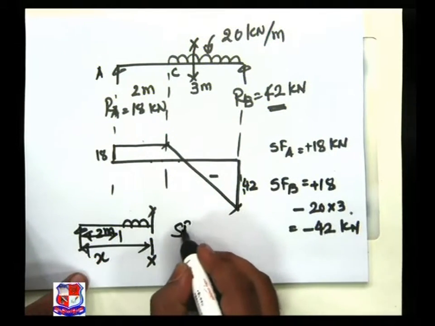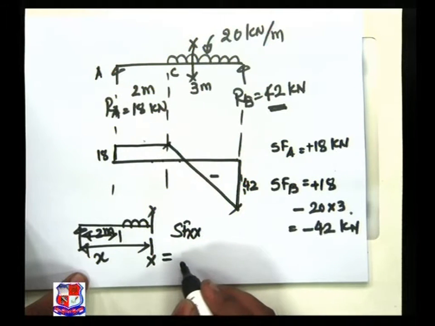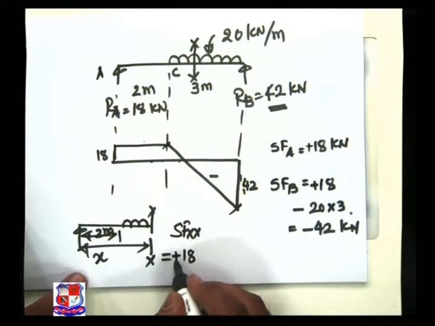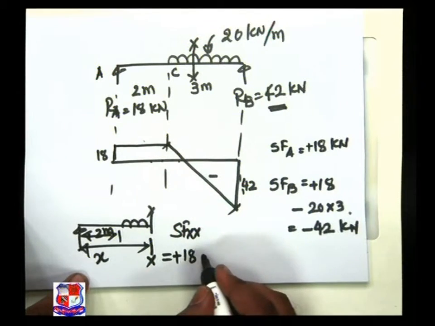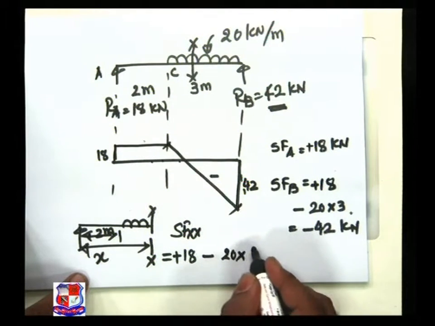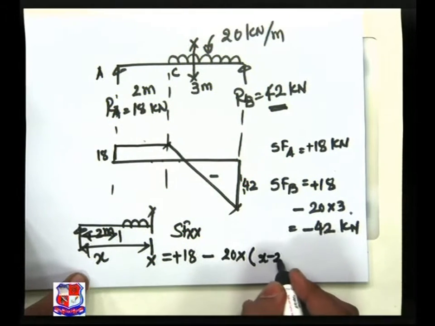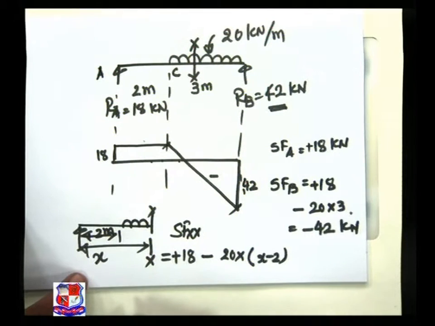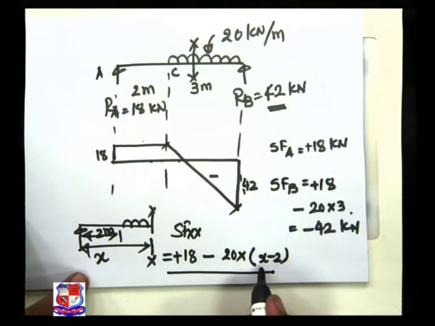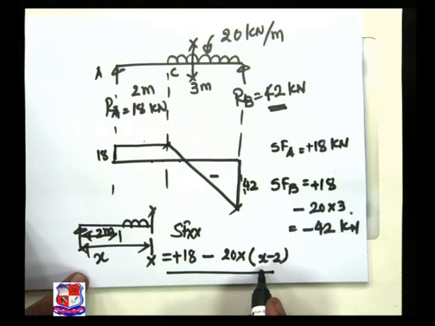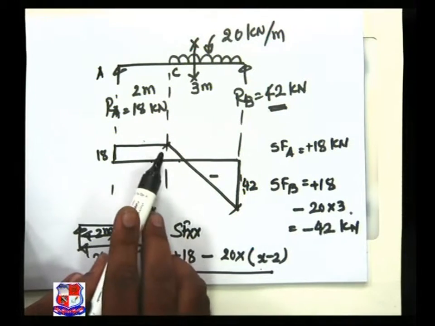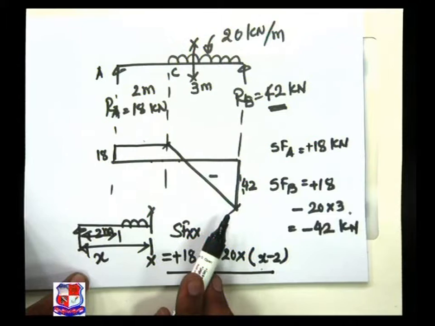Then shear force at XX is equal to RA, that is 18, plus sign as section left upward, minus sign UDL is 20 into distance, that is x minus 2. This is an equation having a value of x, and this equation shows us the variation is an inclined straight line.